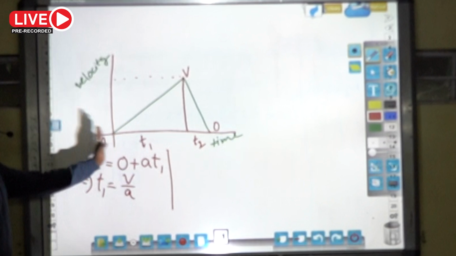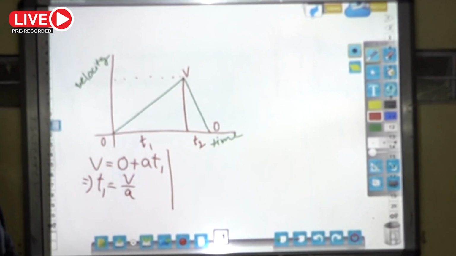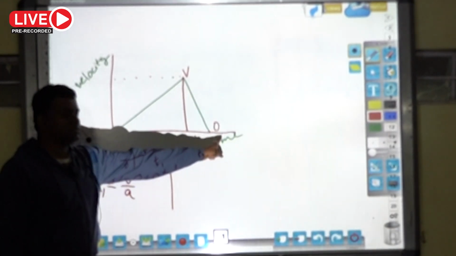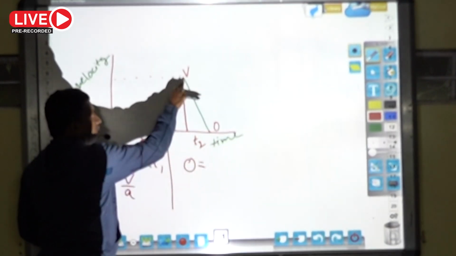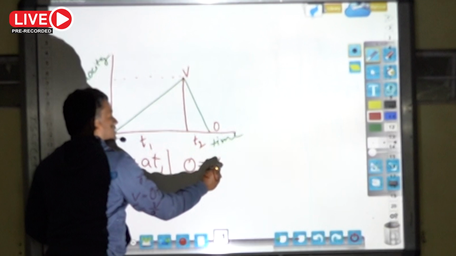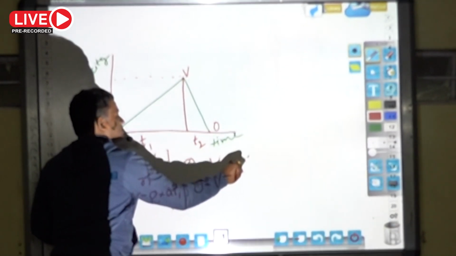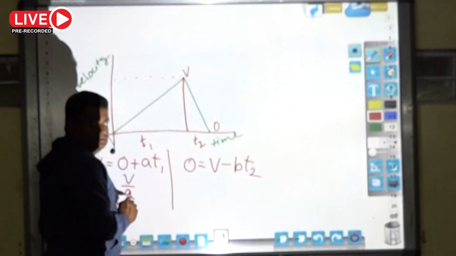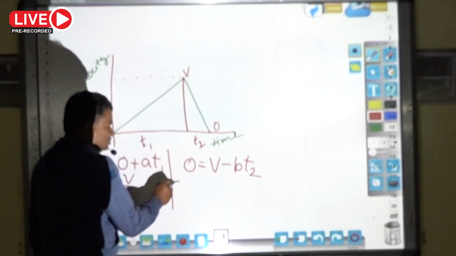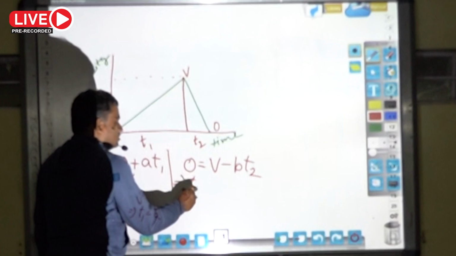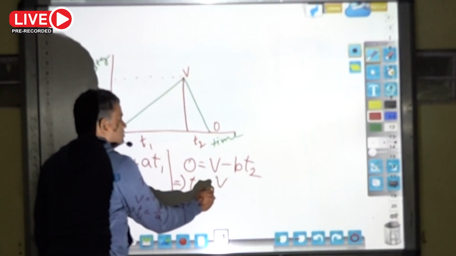Now, for the second part of the journey, what is the final velocity? 0. What is initial velocity? v. Retardation b into t2, retardation means minus, so t2 equal to v by b.